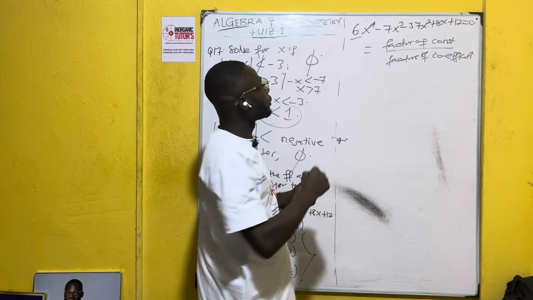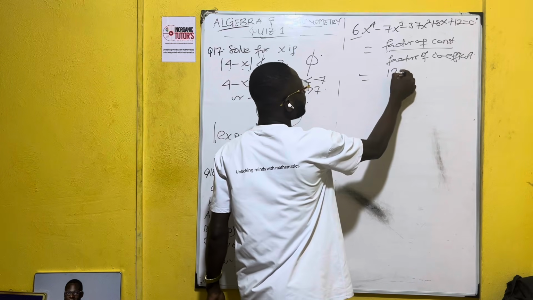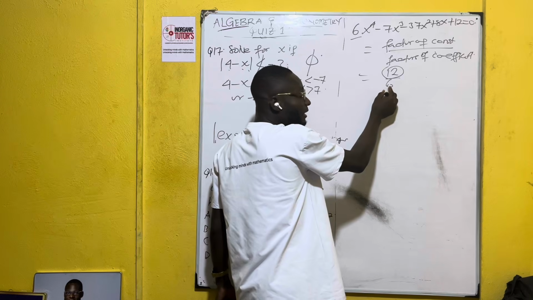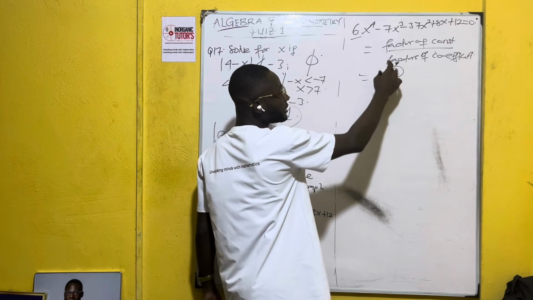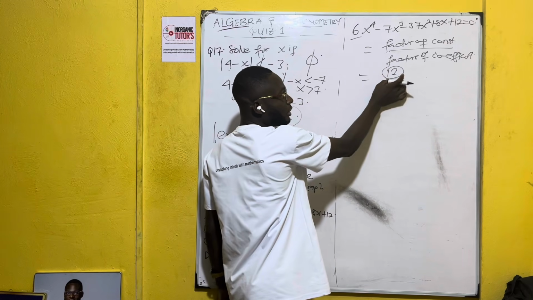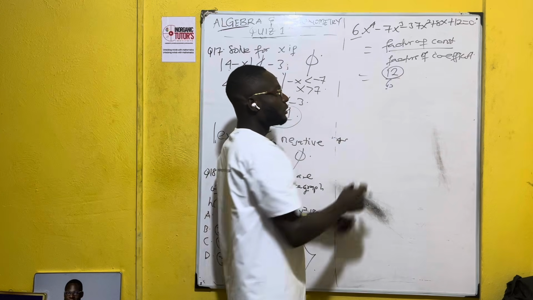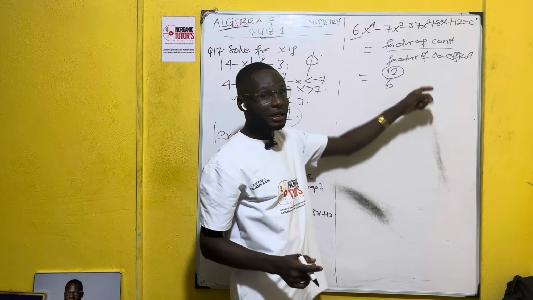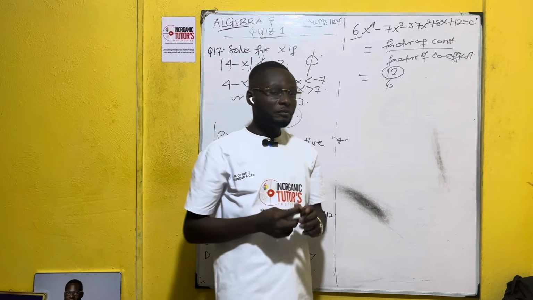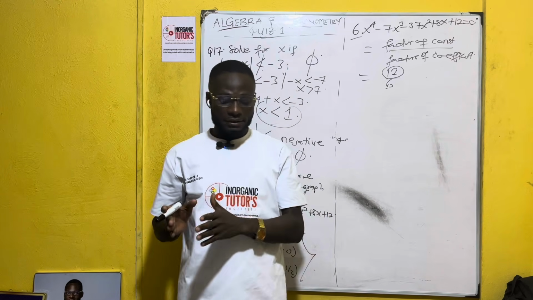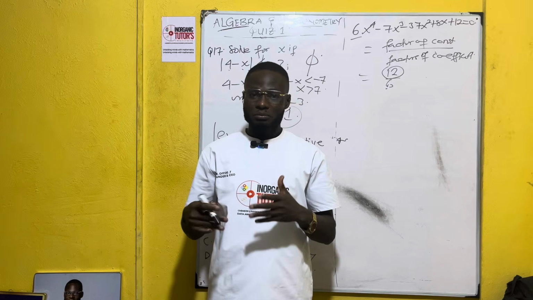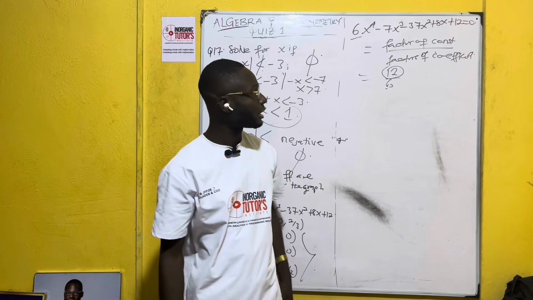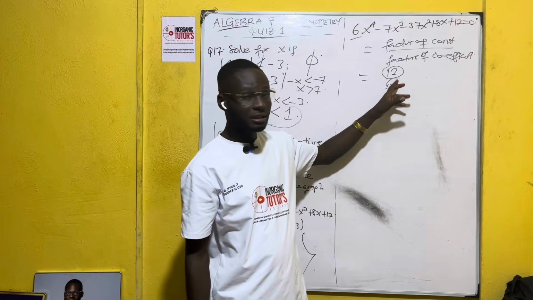So in here we are going to have 12 over 6. So we have to find the factors of 12 and then the factors of 6. Then we divide this by that, like that, and we get the possible divisions. Then we will be able to get the possible rational roots that will be obtained from these factors.